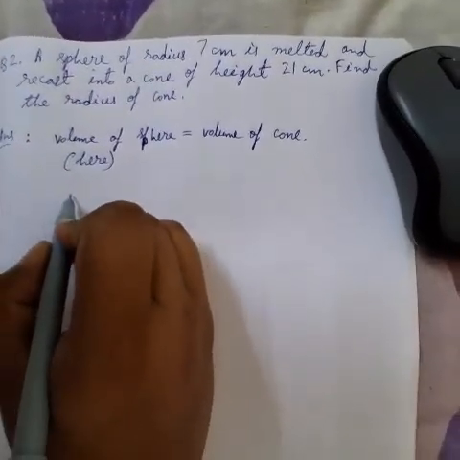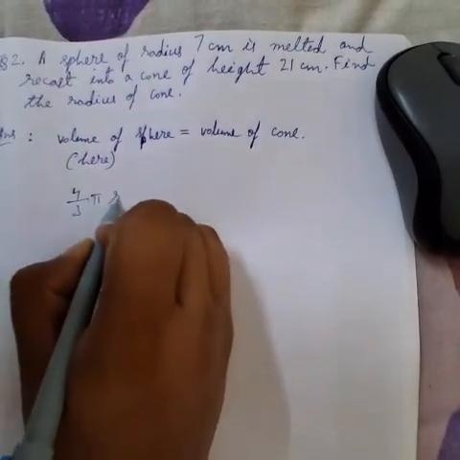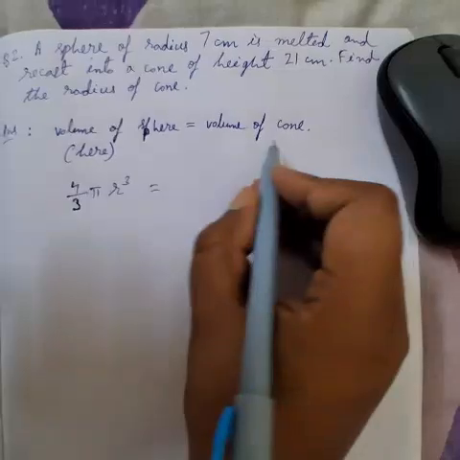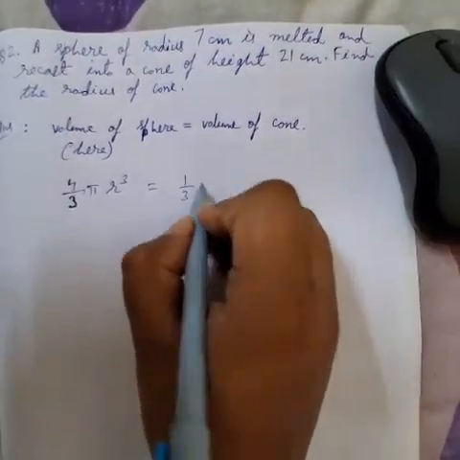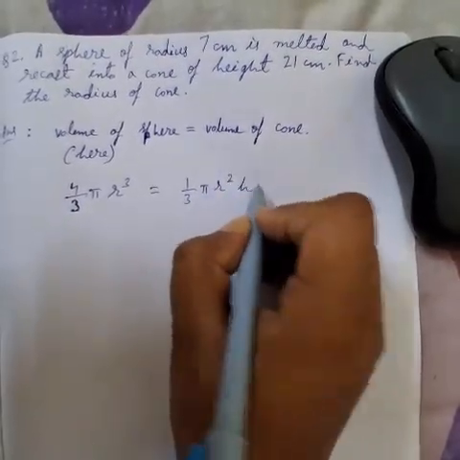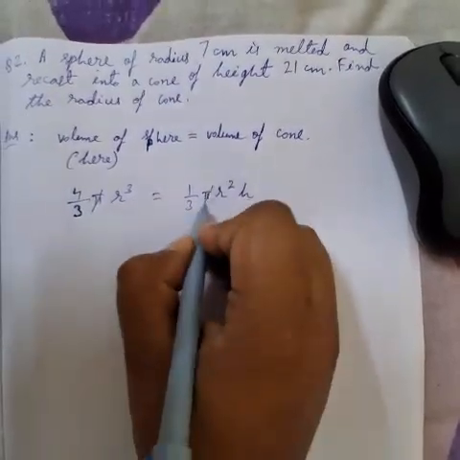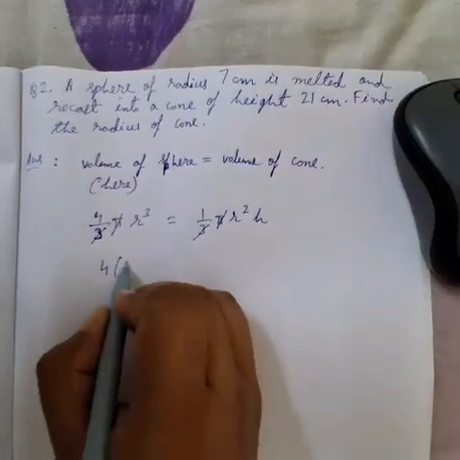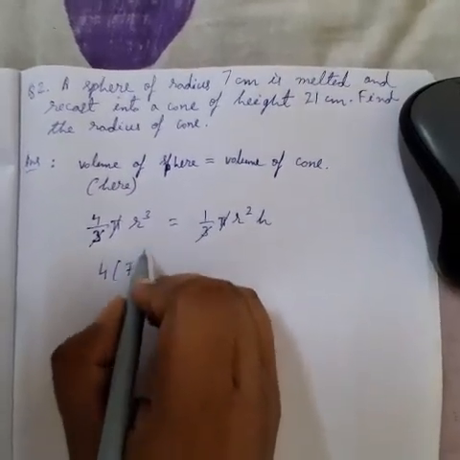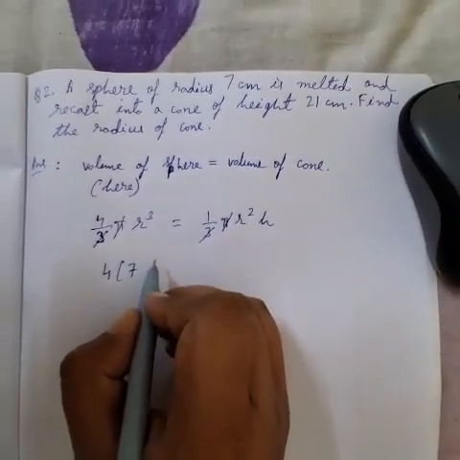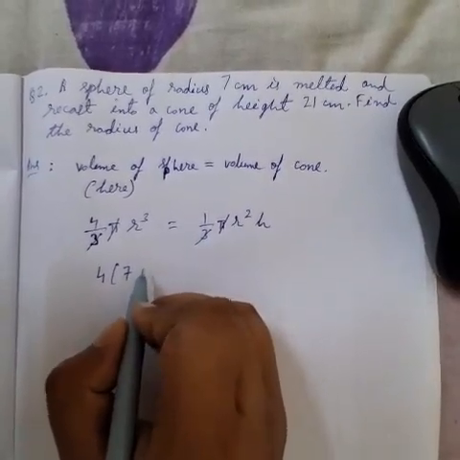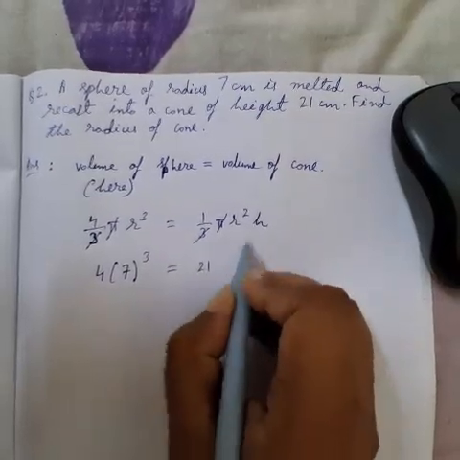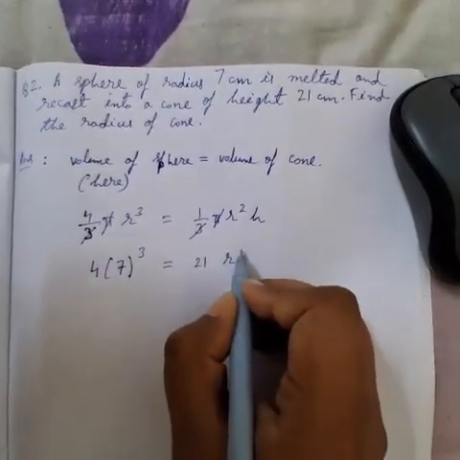Now the volume of the sphere is 4/3 pi r cube, and the volume of the cone is 1/3 pi r square h. As you can see, pi and pi will get cancelled, 3 and 3 will get cancelled, and the radius of the sphere is given in the question, that is 7 centimeters. So you can write 4 into 7 cube equals 21, that is the height, into r square.